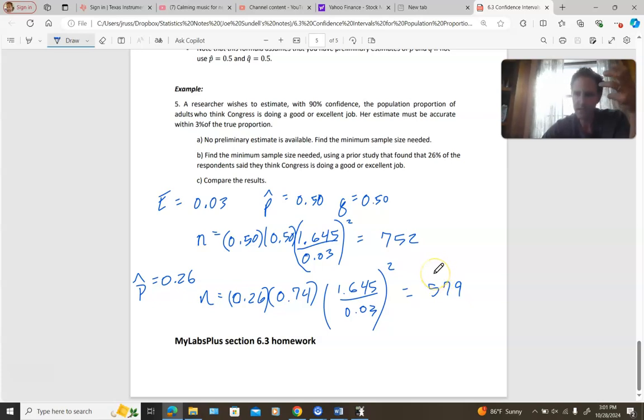Remember, statistics, guys, is all about how much information do we have available. Okay? It's all about certainty. How certain can we be? So here we have more certainty because we've got a point estimate from a previous study. Right here we were just kind of in the blind, so that necessitates a larger sample size.